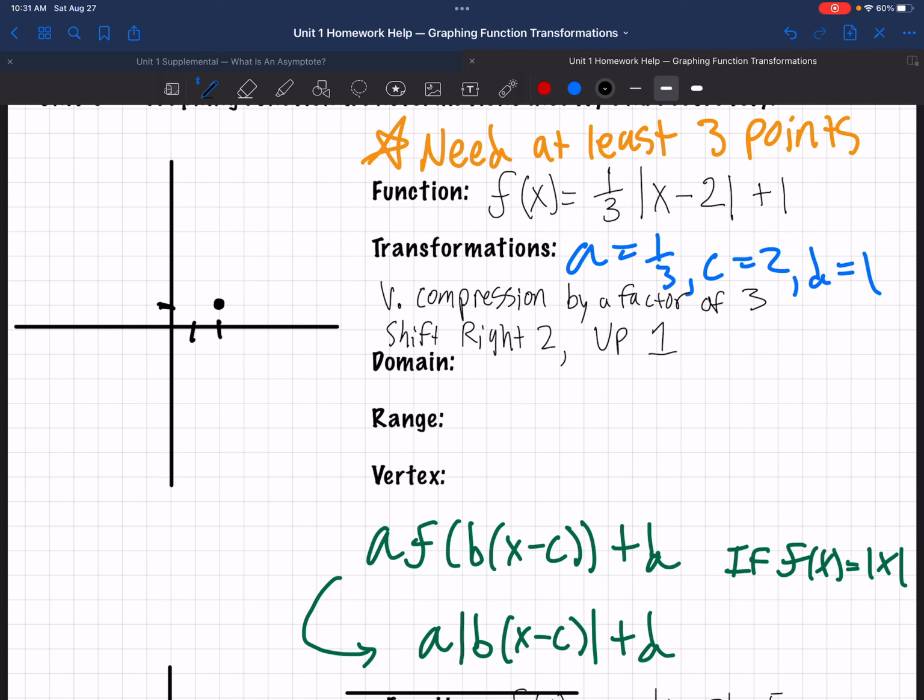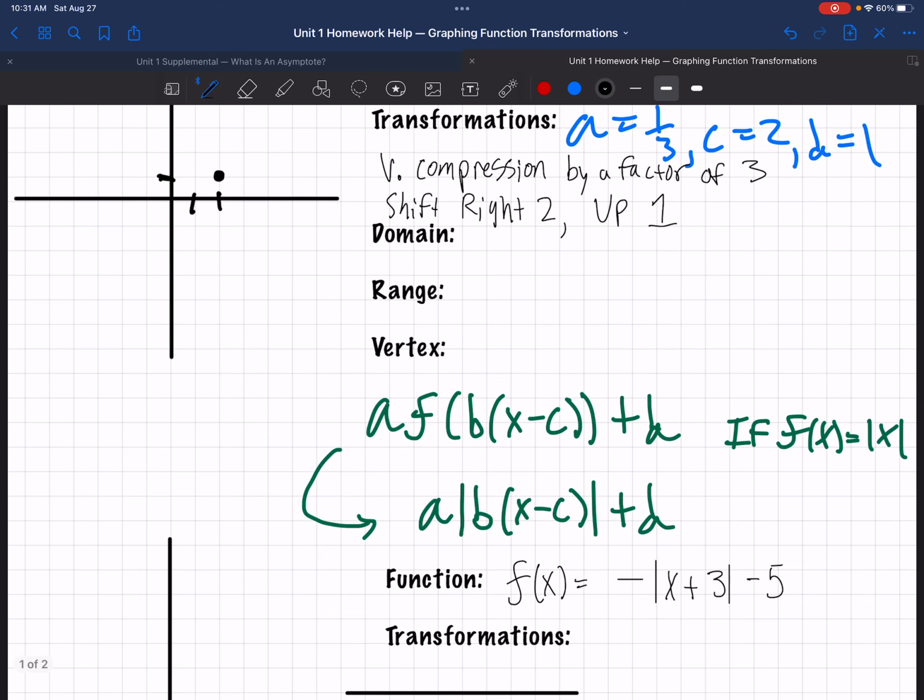Otherwise, aim for pretty points. Yeah, aim for pretty points because that's going to be the nicest thing. And you say, how do you get pretty points? Well, I'm going to make a table here. x comma y. Now I know that if I plug in 2, I get 1, and that's because that's where the vertex is.